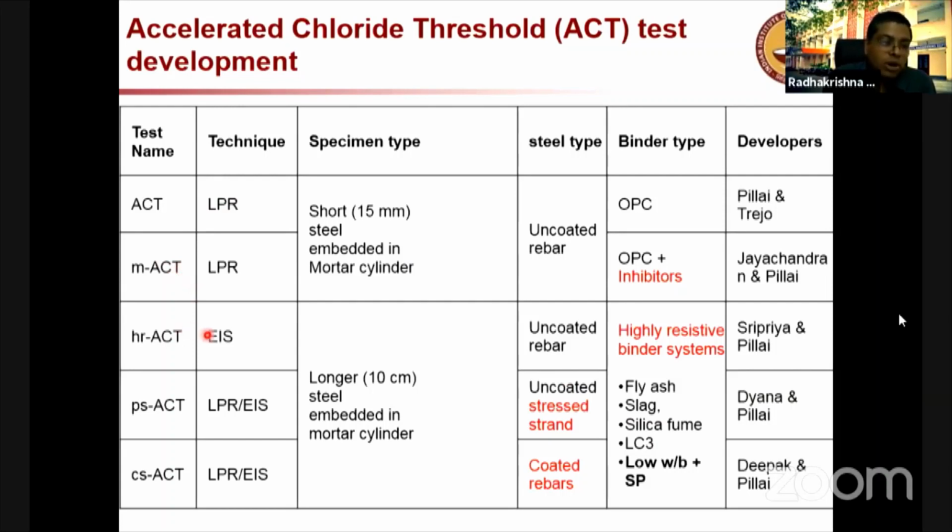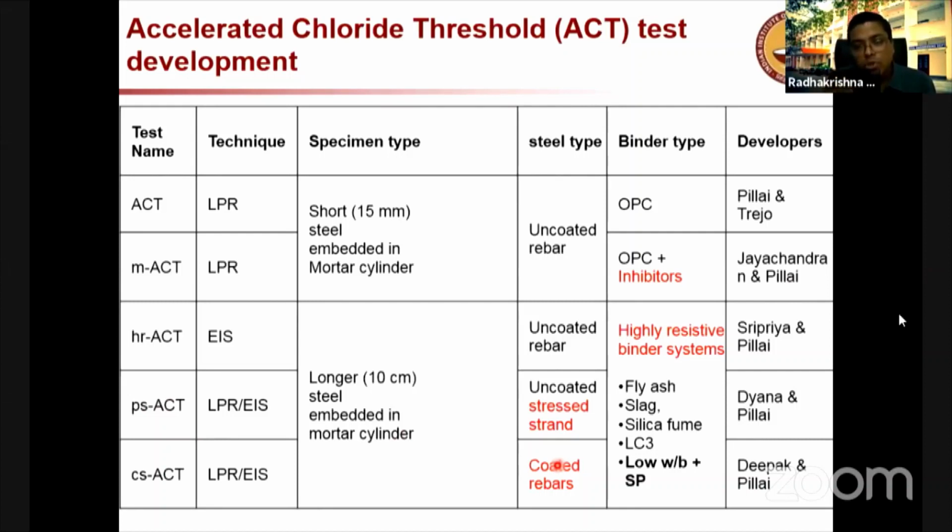So we had to modify it to a simple test specimen, but a relatively complex testing procedure. This was further modified to assess the chloride threshold of pre-stressing strands and also of coated rebar.